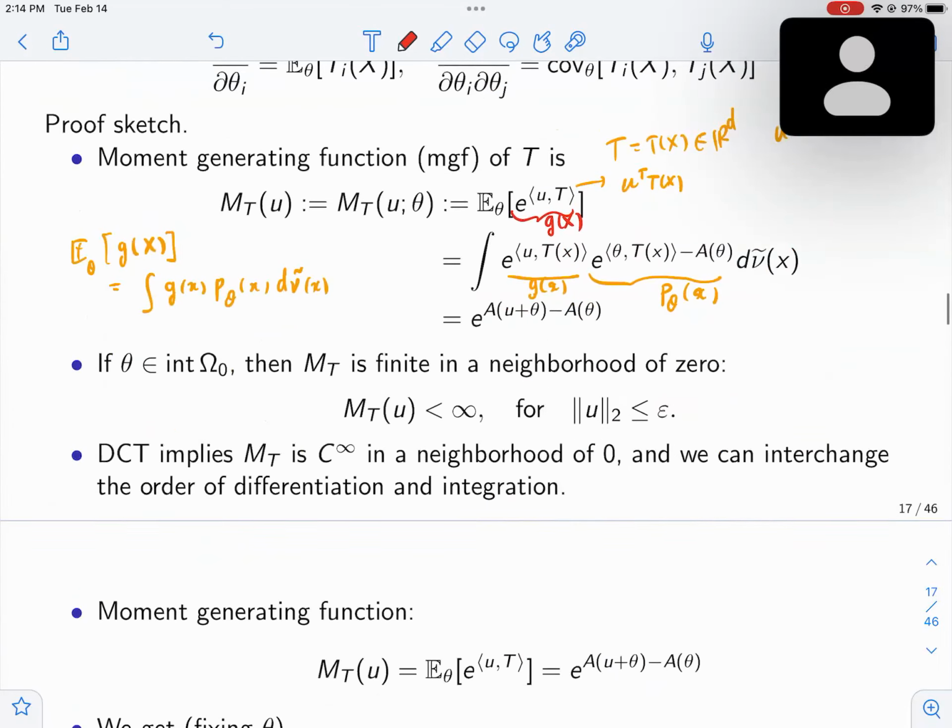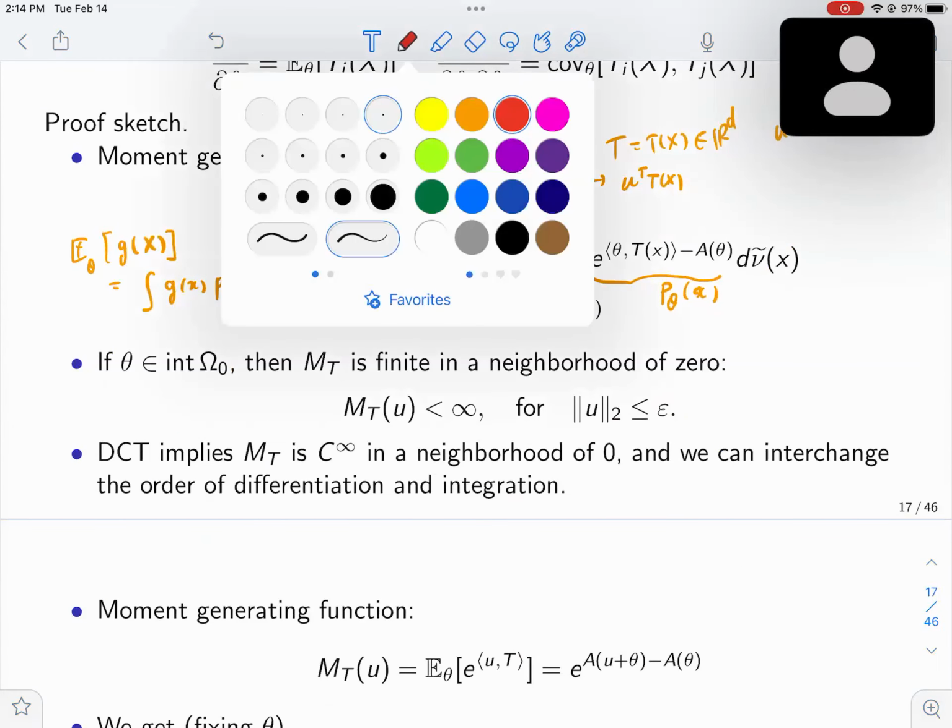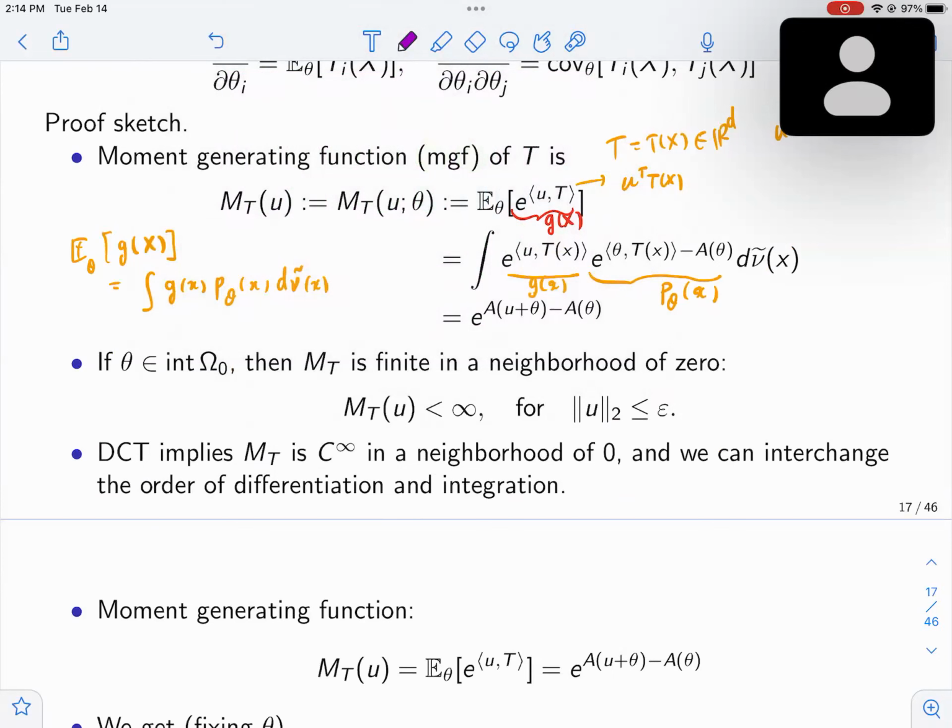So if you remember what a was, and if you don't remember, you can always recover it. The density is e to the theta times t minus a theta. This has to integrate to 1, right? So if I expand, I can take e to the negative a theta out.